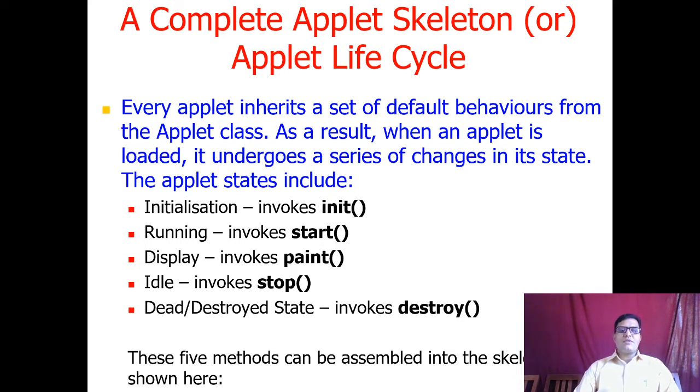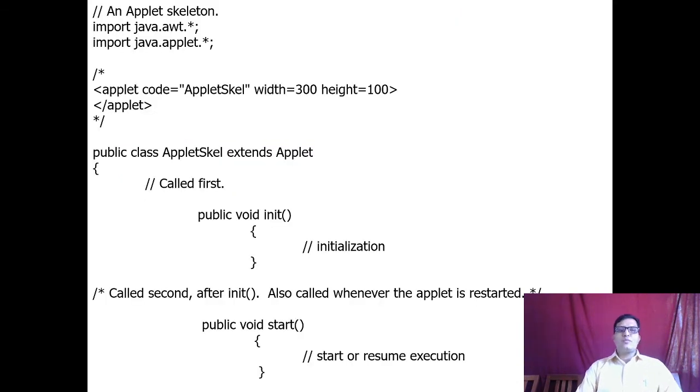These 5 methods can be assembled into a skeleton as shown here. So whenever you write code, you identify these skeletons in your applet programs. Let us see this sample program. It doesn't do anything, but it will give us an idea of what exactly happens. First you use import java.awt.*; and import java.applet.*;.